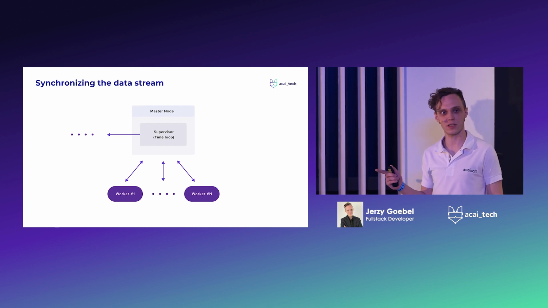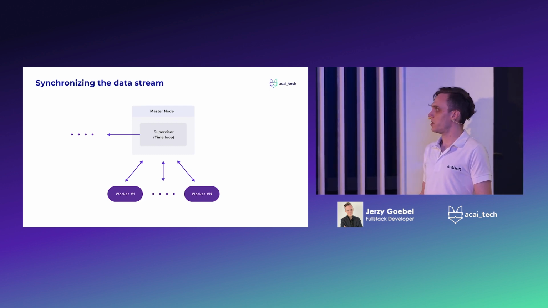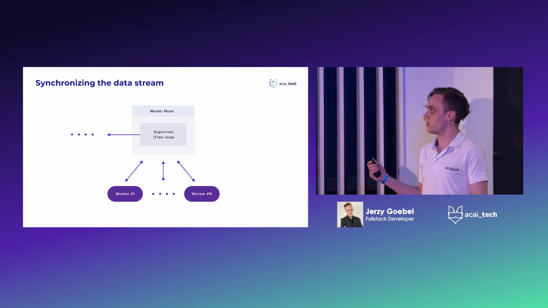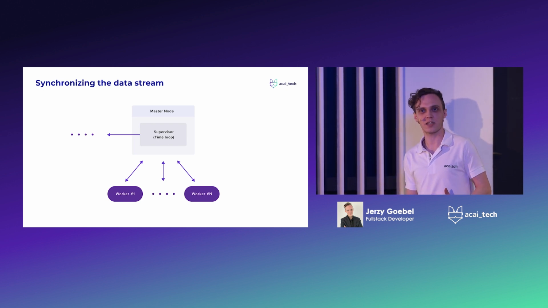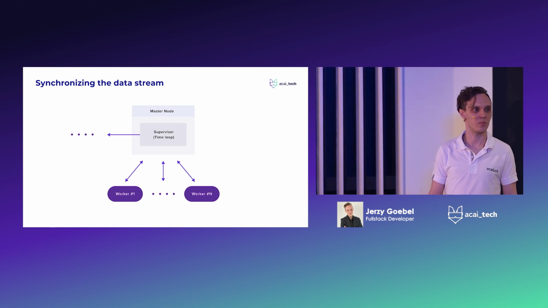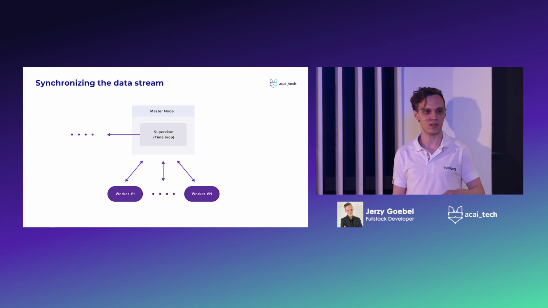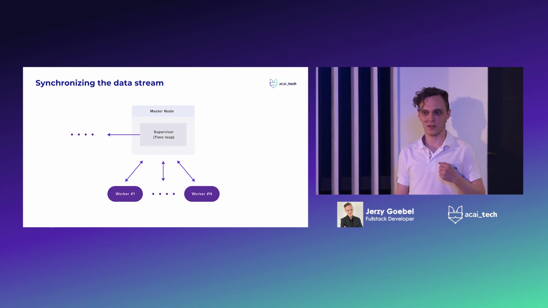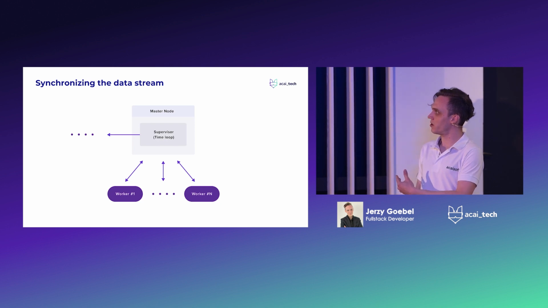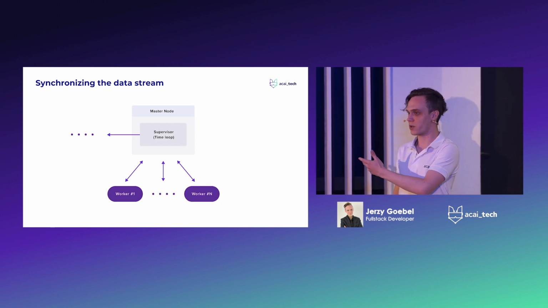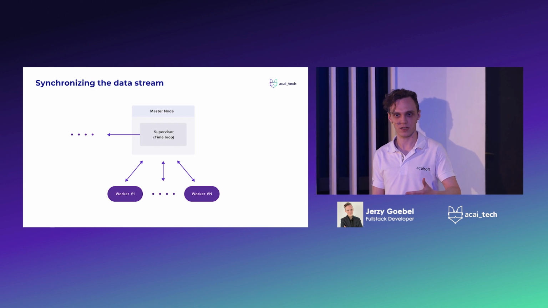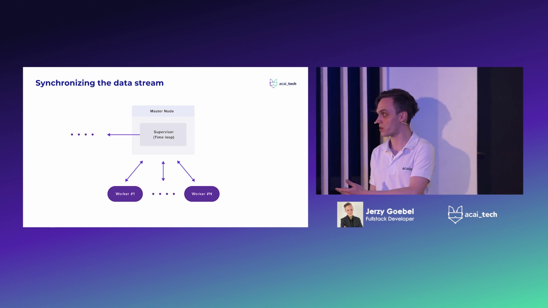The first thing that we did was to introduce the supervisor into the Locust master node. What this means is that, as I already said, Locust is based on gevent and events. And expecting one node to orchestrate all this work that all these workers need to do, I mean, it's not heavy lifting. The workers do that.